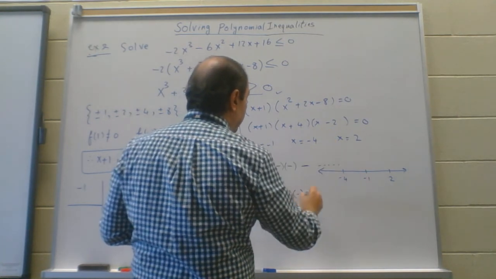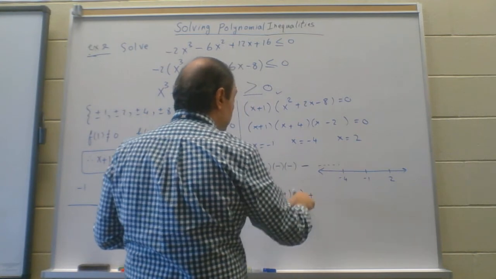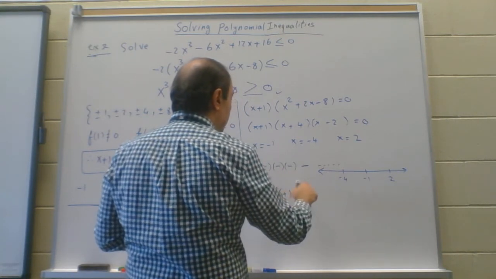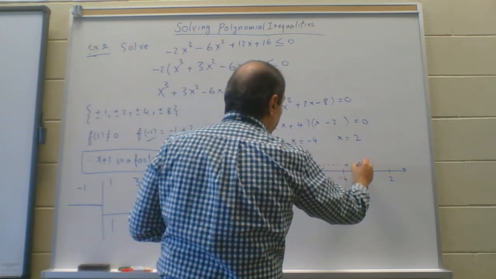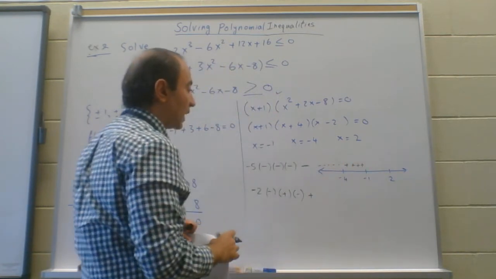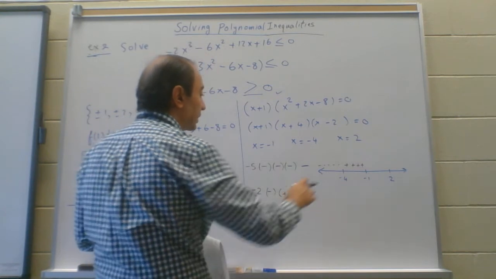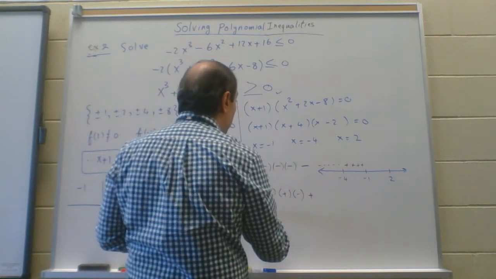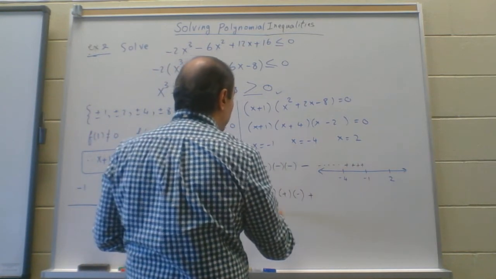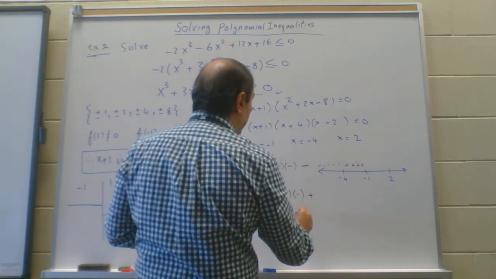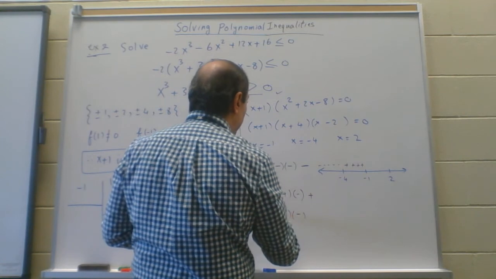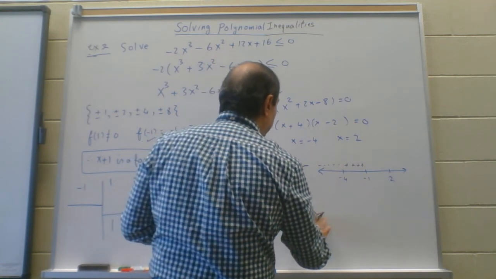And the end result will be positive because negative times positive is negative, and negative times negative is positive. So this interval is positive. Now I will choose a value between negative 1 and 2. So let's say 0. If I put 0, I will get positive, positive, negative, which will end up as a negative interval.